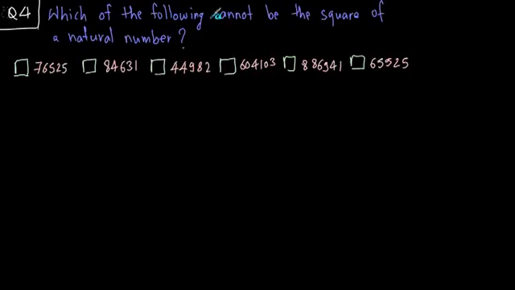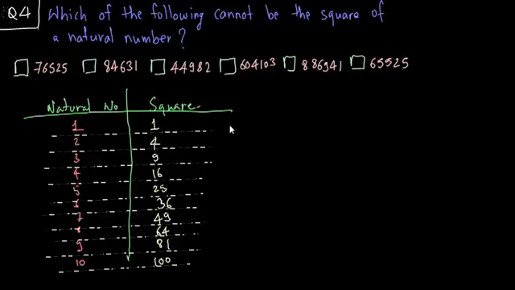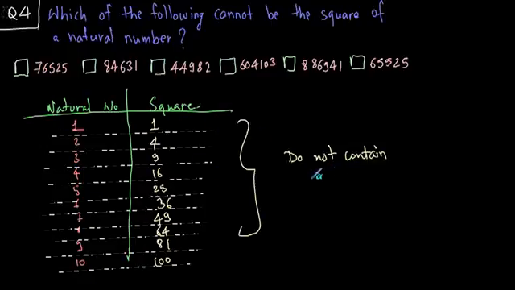Which of the following cannot be the square of a natural number? To solve this question, let me write a table on your screen. This table shows the list of natural numbers from 1 to 10 and their squares. And if you observe carefully, these squares do not contain the digits 2, 3, 7 and 8 in their units place.